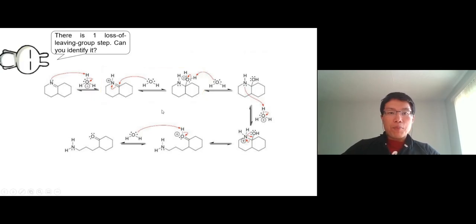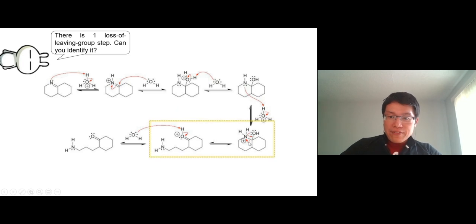There's one loss of leaving group here. Can you tell which one? Right here, this is the loss of leaving group. All right. Now the leaving group is that nitrogen with the positive charge. Yeah, the positively charged nitrogen leaves this molecule right here. Some of you think, hey, hold on, it doesn't actually leave. Nitrogen is still there, still in the molecule.